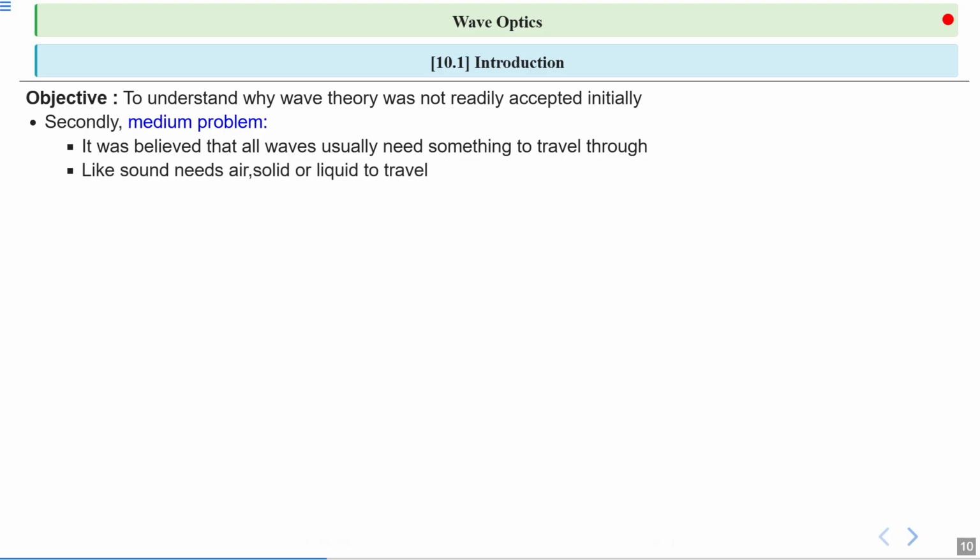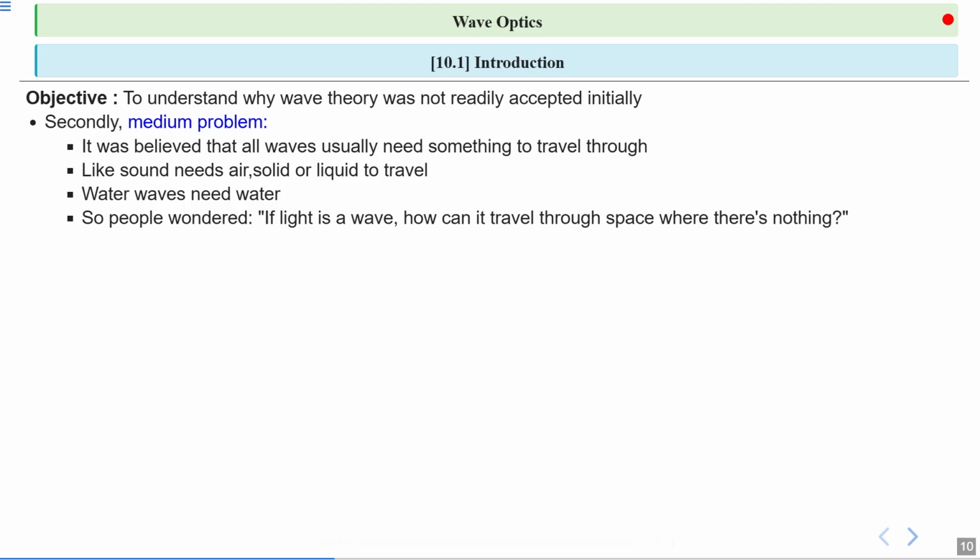Similarly, water waves need water to travel. This reinforced the idea that a medium is essential for wave propagation, making it hard to imagine how light could be a wave. So similarly, water waves need water, and sound needs air, solid, or liquid to travel.